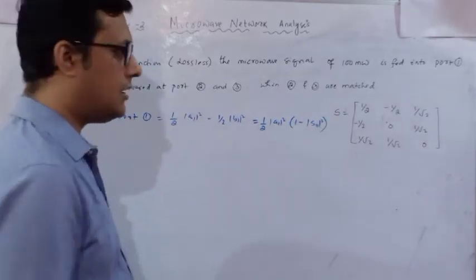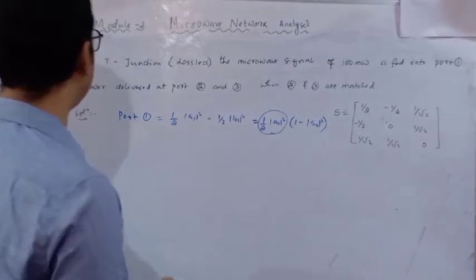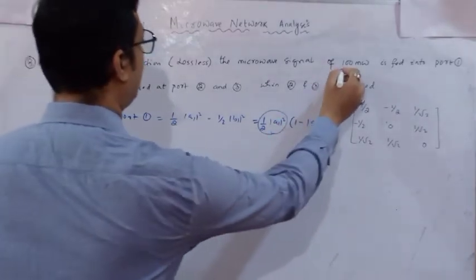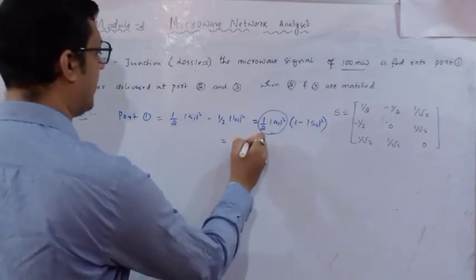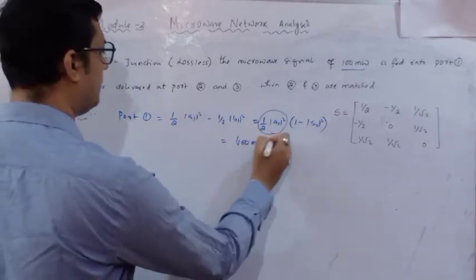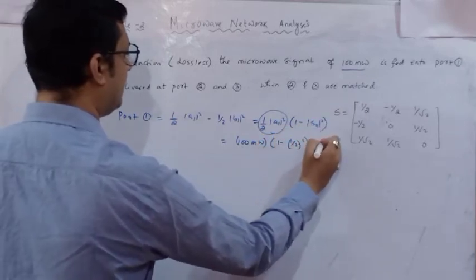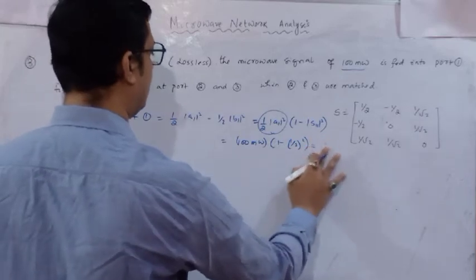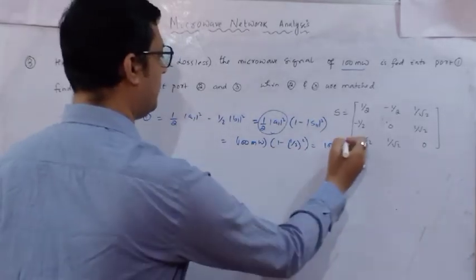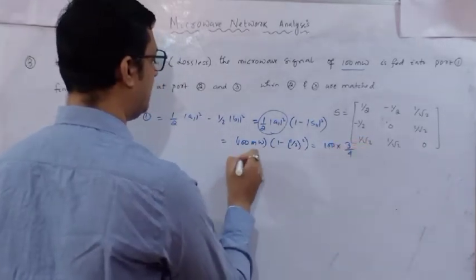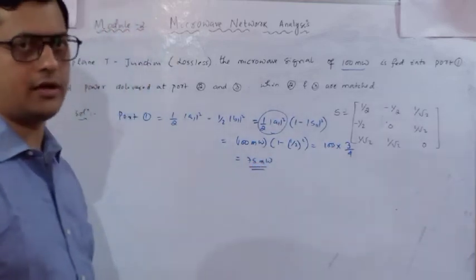Now this half A1 square is already given as 100 milliwatt, the incident power. So I will write 100 milliwatt and 1 minus S11 is half, whole square. So I get around 100 into, this is 1 by 4, this is 3 by 4, so near about 75 milliwatt we are going to transmit from port 1.